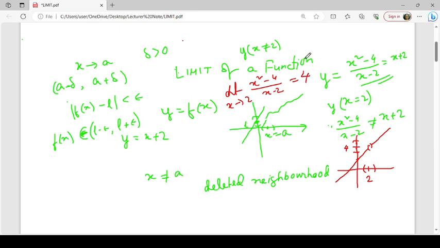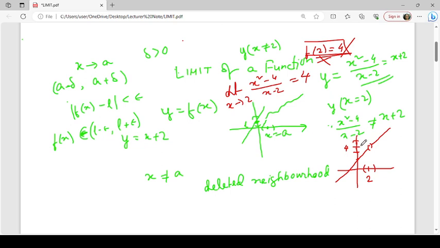But we cannot write f of 2 equal to 4. We cannot write like this. This is false. So this we can say about this pictorial explanation.